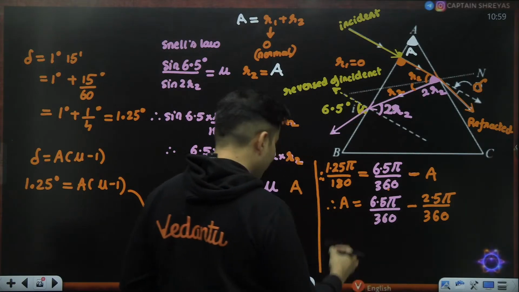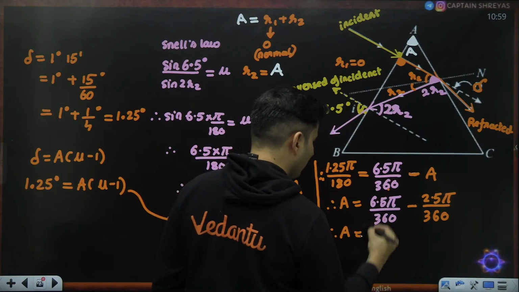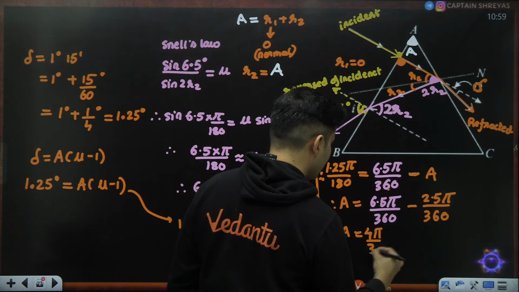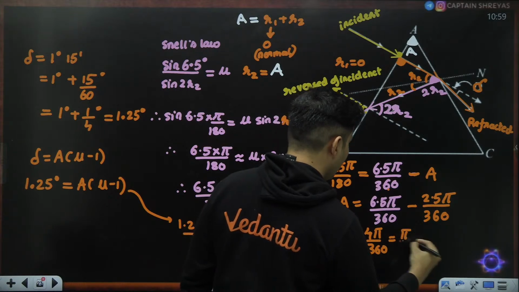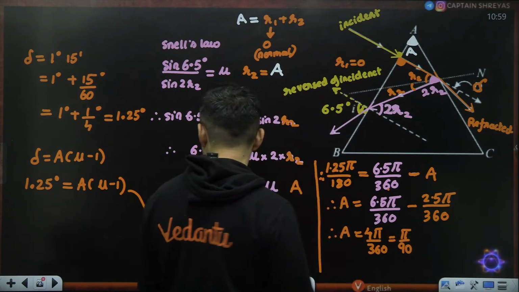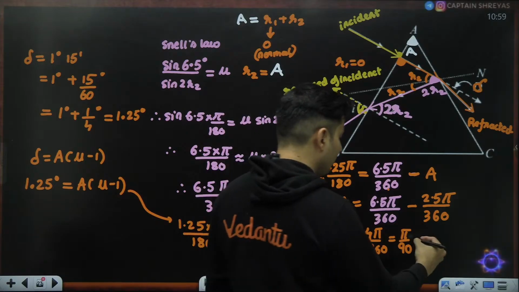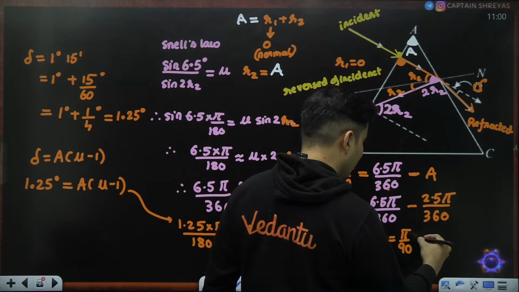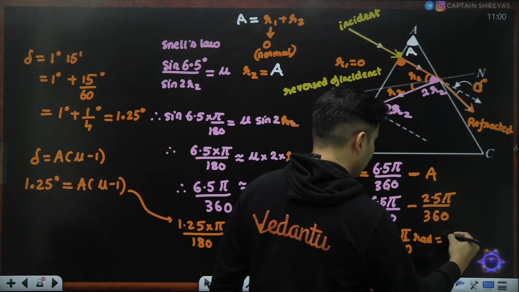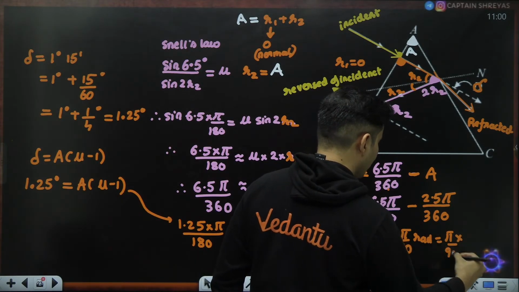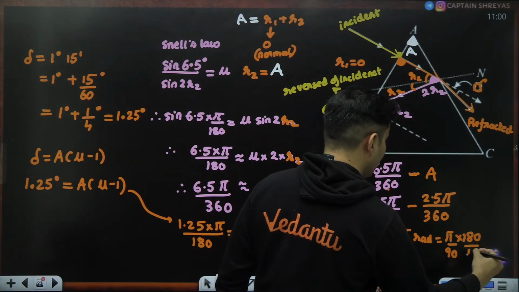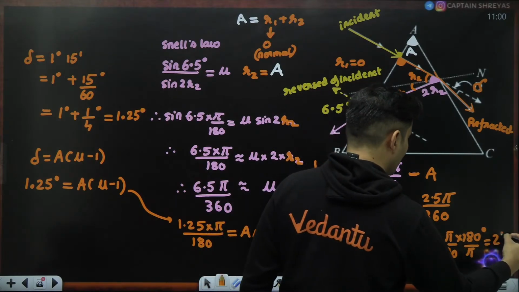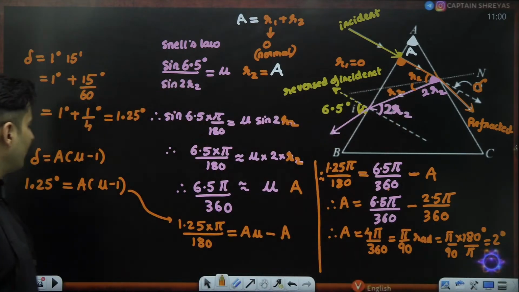So 6.5 minus 2.5, what will it be? 4. So it will become 4 pi by 360, which is basically pi by 90 radian. If you convert it into degrees, multiply pi by 90 by 180 divided by pi. So pi cancels. This will be nothing but 2 degrees. Angle of prism is 2 degrees. My job is done.